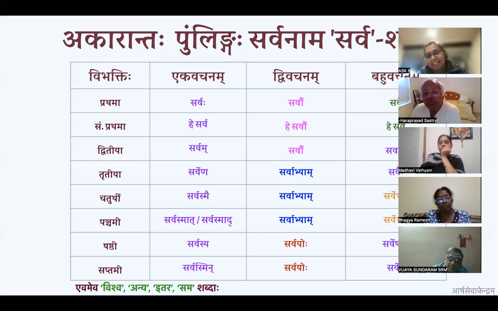So sarve prashnaha santi, sarve balakaha santi. The bahuvachanam is easy to understand. All of the people in the class, all of the sarve lokaha, that is easy to understand. But what does sarvaha in ekavachanam mean? It means the whole, the complete, sampurnaha.